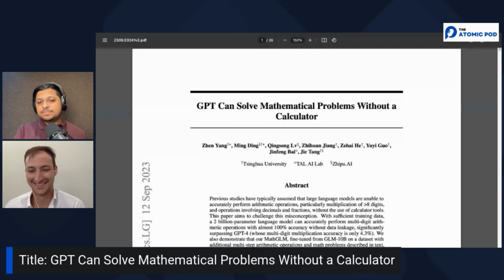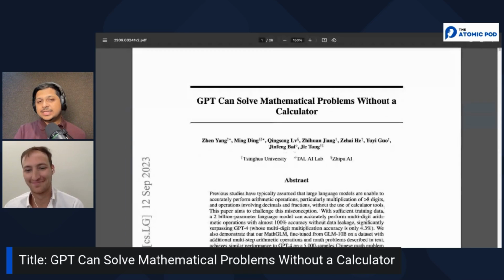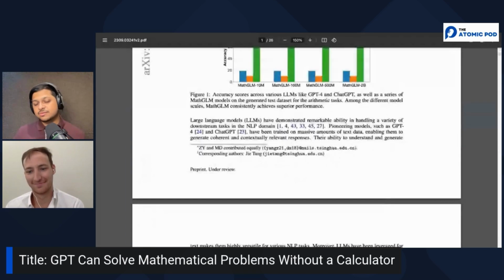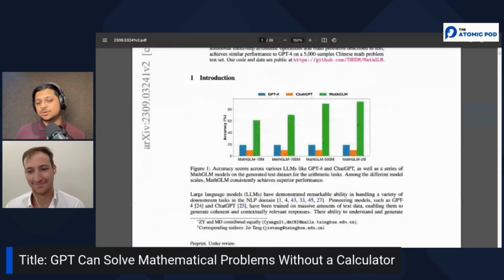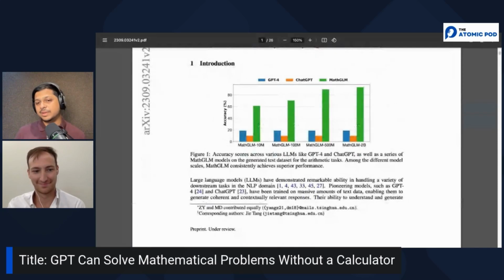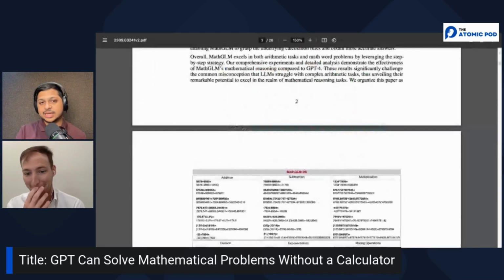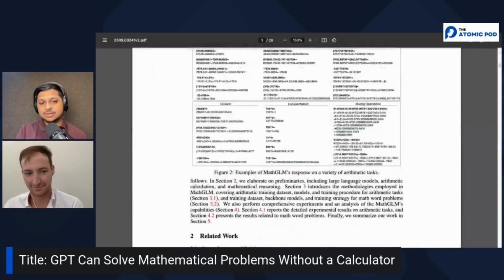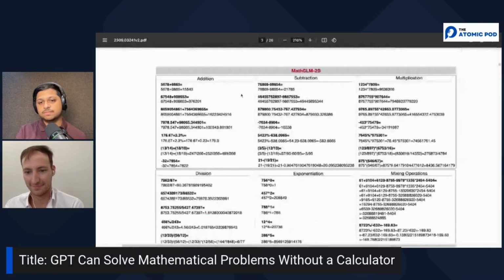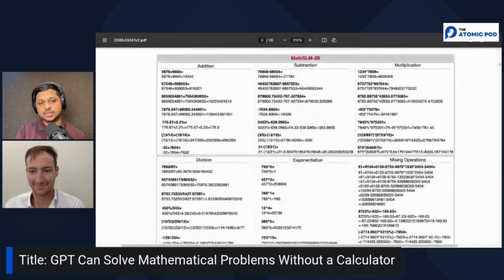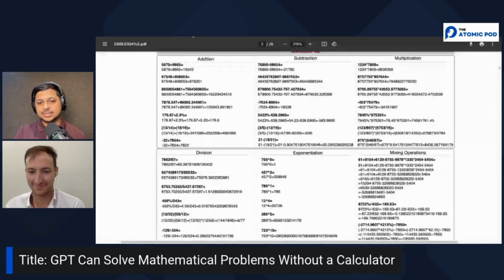So this paper aims to create new GPT models that are taught various rules of math, and then evaluates them on a data set of algebraic problems like addition, subtraction, multiplication, division, exponentiation, mixing operations, different things. And then it has seen the results.